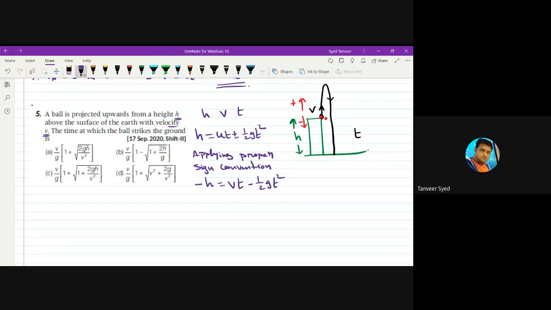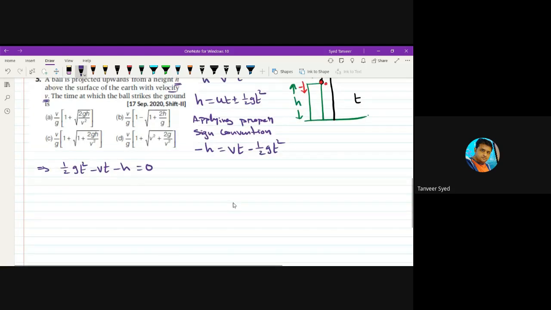If I rewrite this properly, I will send half gt square to left hand side. Minus half gt square becomes plus half gt square. So half gt square, and vt also to left hand side, minus vt minus h equal to 0. This is the equation that you get.